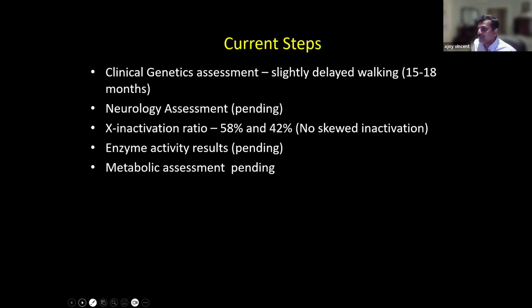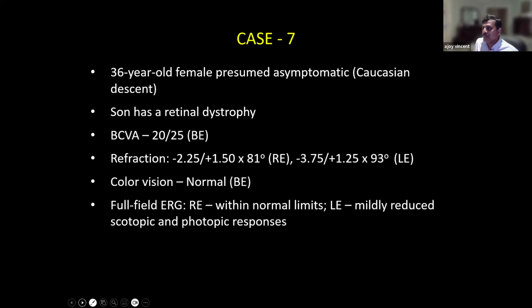Now, because of the risk for coexisting comorbidities, a lot of other tests and routine care measures have been initiated for this particular child. If you go to case 7, this is a 36-year-old presumed asymptomatic female of Caucasian descent.